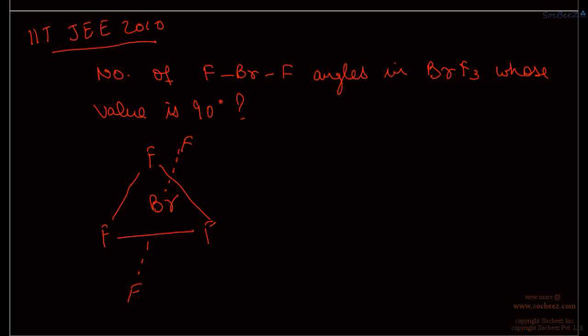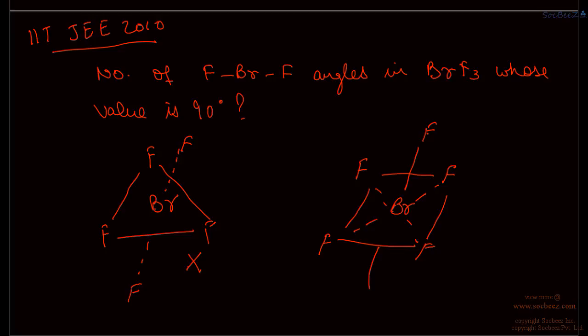But this is not the case, because bromine has 1 lone pair, and in this structure there is no space to accommodate the lone pair, so this is not the correct structure. The correct structure can be one that gets some space for the lone pair of bromine. Above here it is fluorine, and below it is the lone pair.